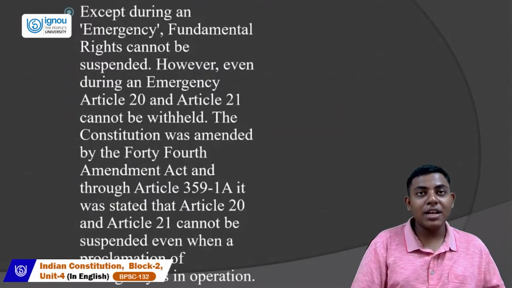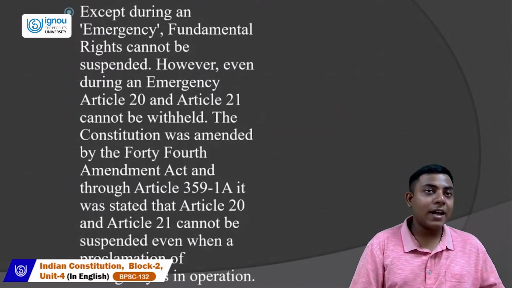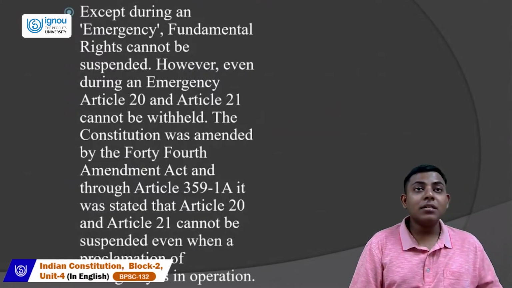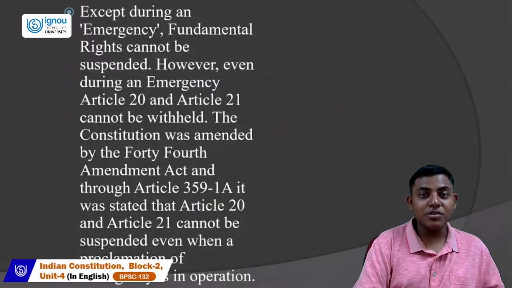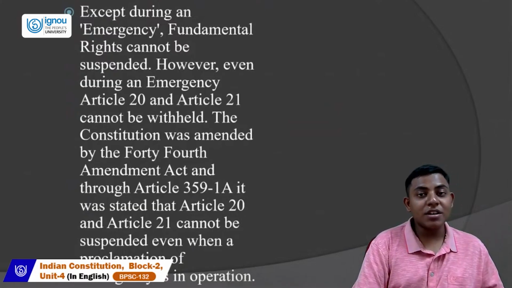Then Article 28 is there, which says that no religious instruction shall be imparted in government aided institutions, and no one shall be forced to take part in any religious instruction.